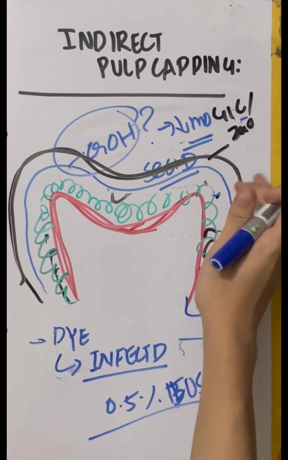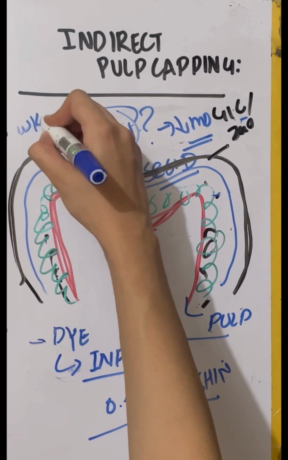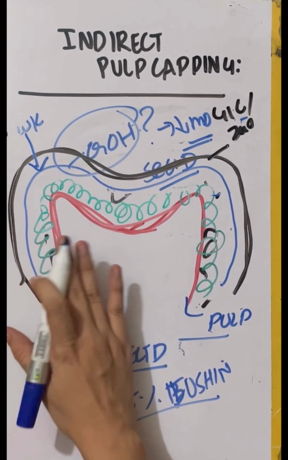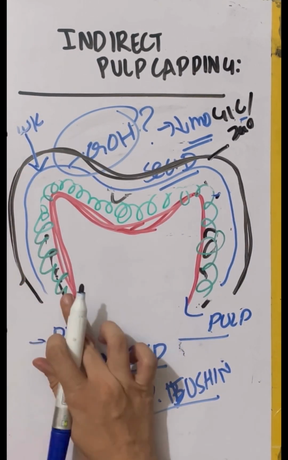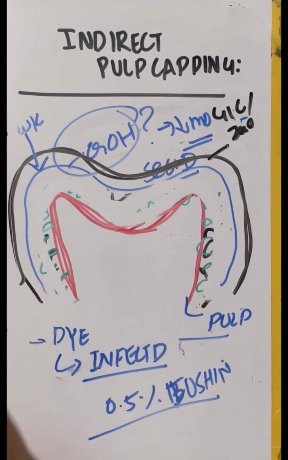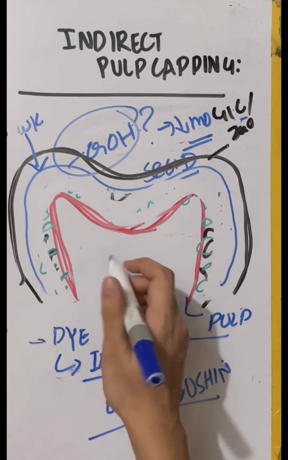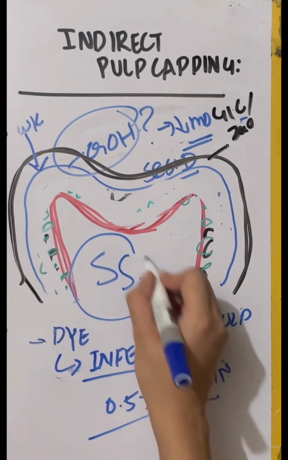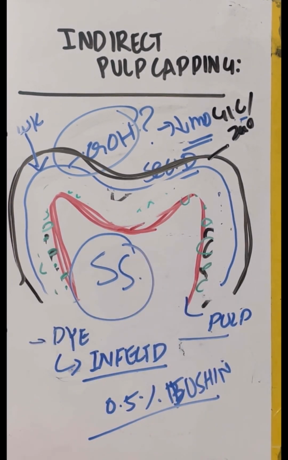Then after some weeks, we will re-enter the tooth and try to remove the remaining soft dentine, and seal the tooth with a stainless steel crown, because stainless steel crown will provide the best coronal seal.